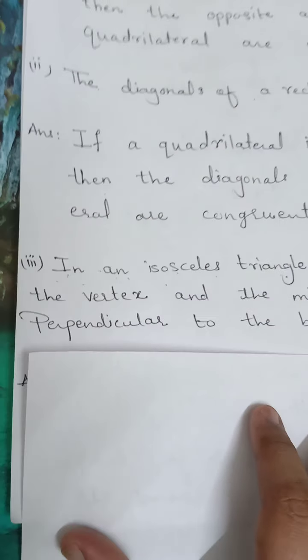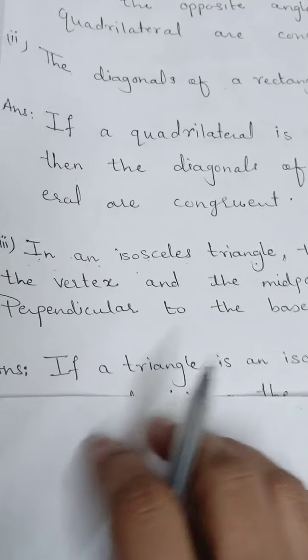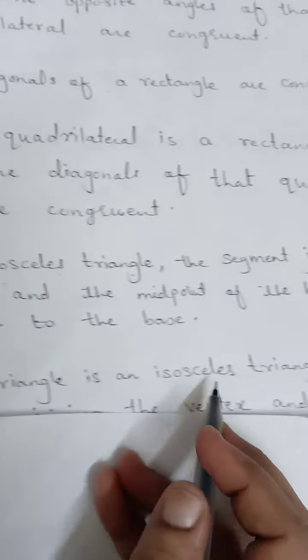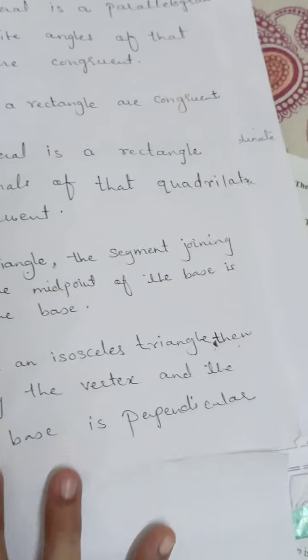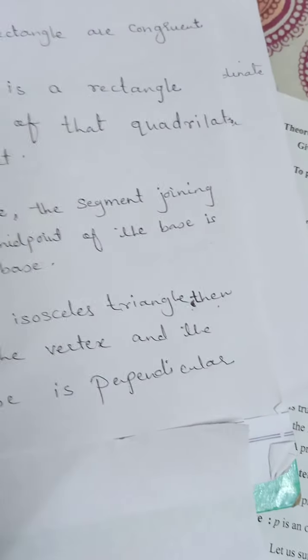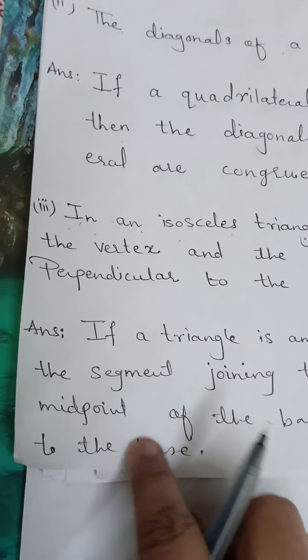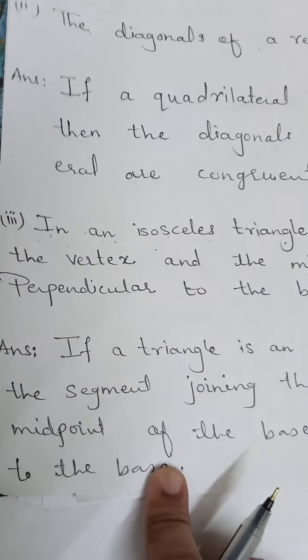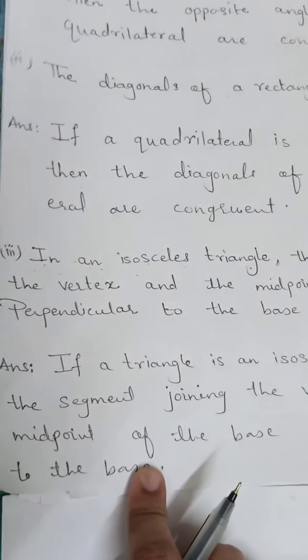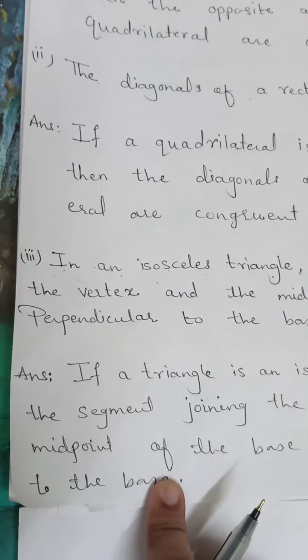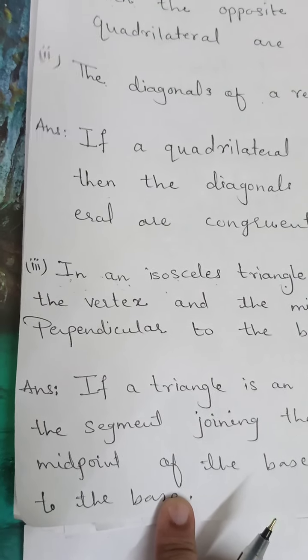So now see what the answer is here. The answer is: if a triangle is an isosceles triangle, then the segment joining the vertex and the midpoint of the base is perpendicular to the base. In the place of the comma you have to write then. No change will be there in the second statement. So I think it's clear to you. So question number 1 of practice set 1.3 we have completed.